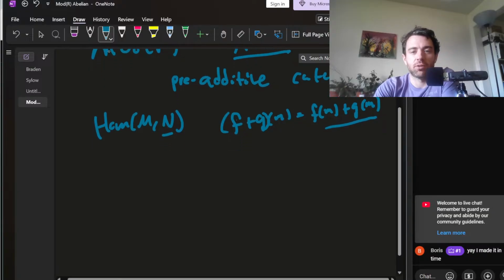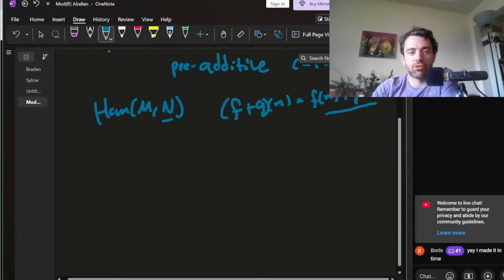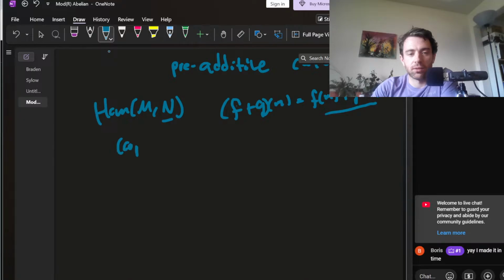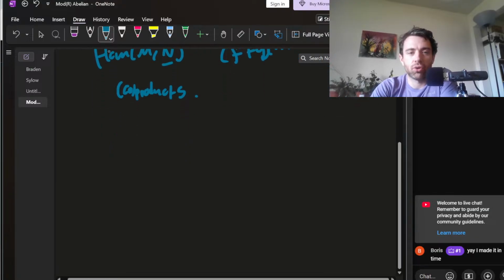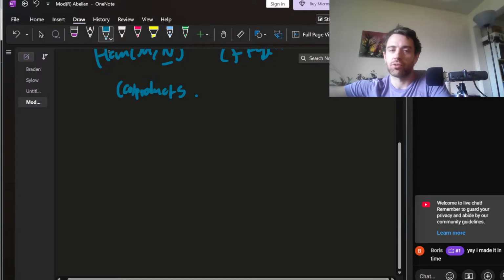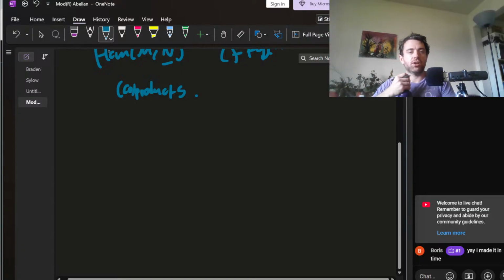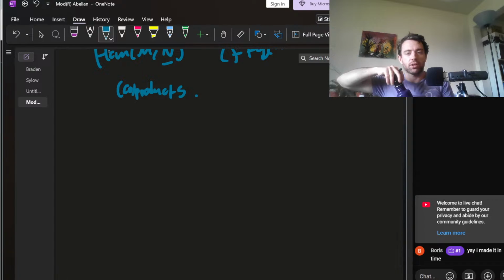And then to be an additive category, it means that you have both finite products and coproducts. What's really interesting though is that having finite products and coproducts actually allows you to define a pre-additive structure.